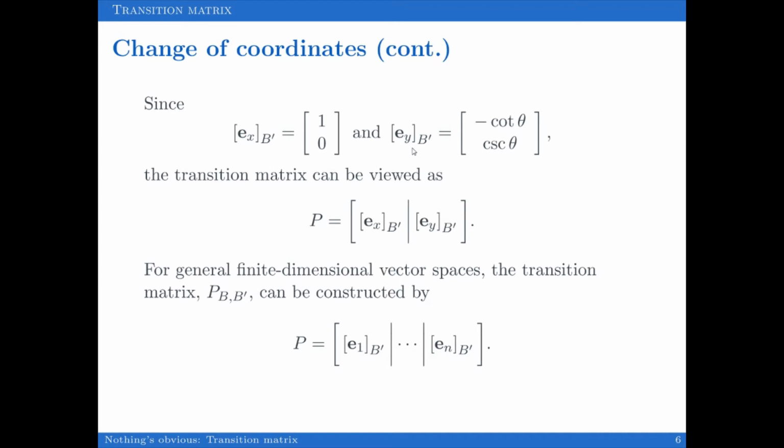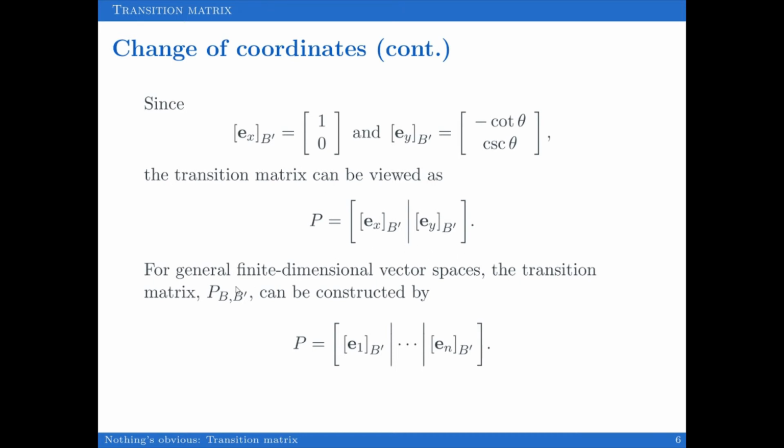Similarly, e_y with respect to the new basis B prime can be written as (minus cot theta, cosec theta). So the transition matrix can be constructed by combining each column vector, the coordinate vectors of all the basis vectors.